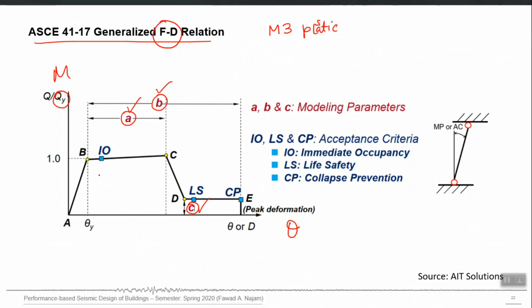So the ASCE 41 table will guide you what the plastic rotation is between the first yield point and the ultimate point. It will guide you what the plastic rotation is between the first yield point and the last point of the curve, and it will also tell you how much residual strength you should expect in your beam.